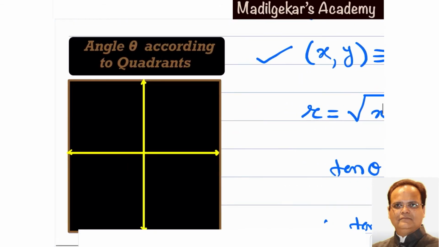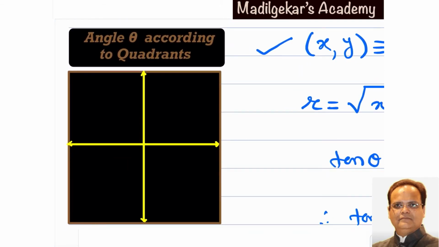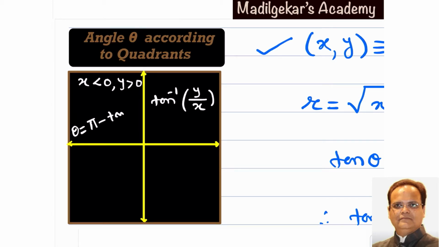Let us study the vectorial angle according to quadrants. If the point lies in the first quadrant, then theta is given by tan inverse y by x. But if the point lies in the second quadrant, as we know, in the second quadrant x is negative and y is positive. While finding theta, apply this formula: pi minus tan inverse y by x.